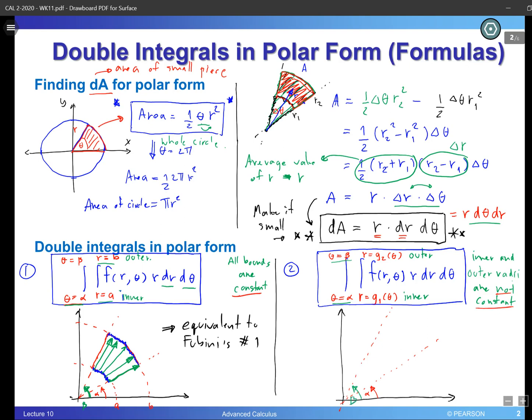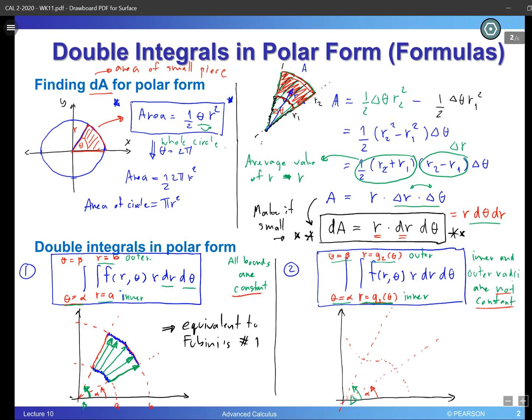Okay, but now the radius is not constant. This is going to change depending on the value of theta, which means that the radius can change like this. It doesn't have to be circular, depending on the angle that you are in. For the outer one, for the G2, this can change with respect to theta.